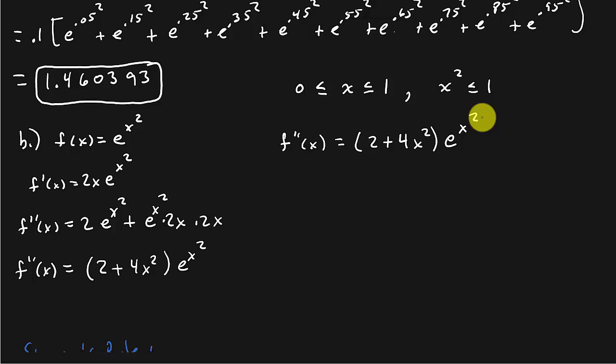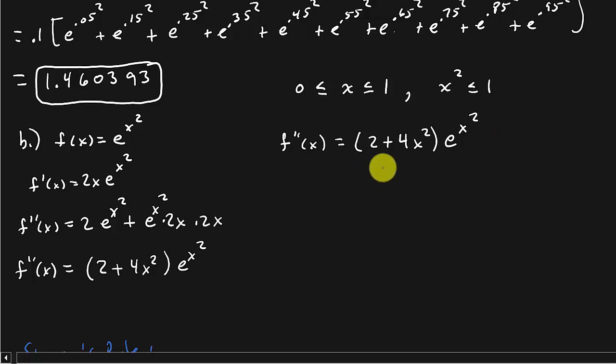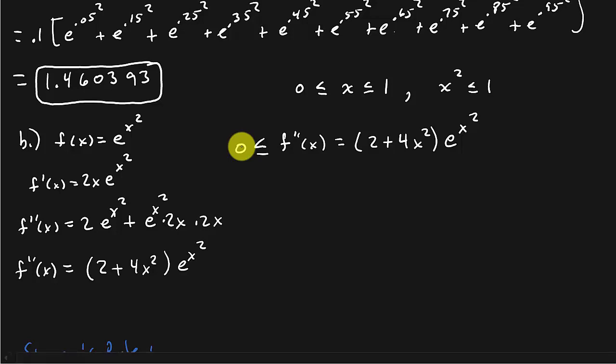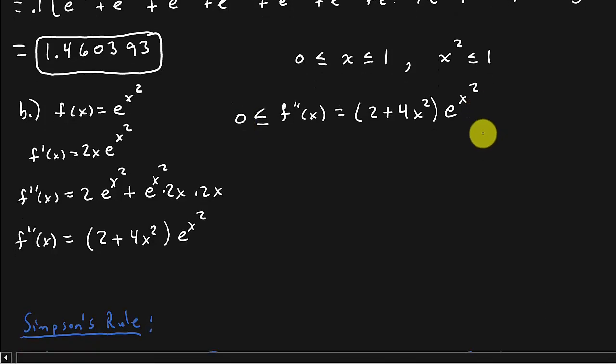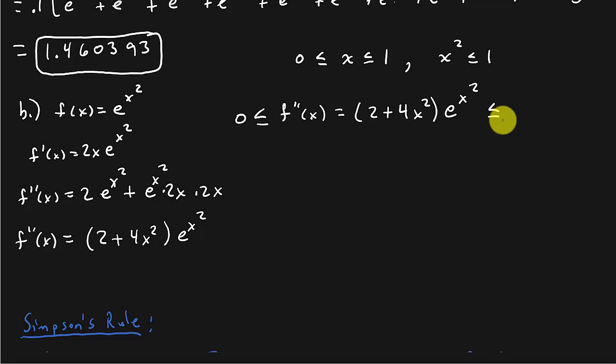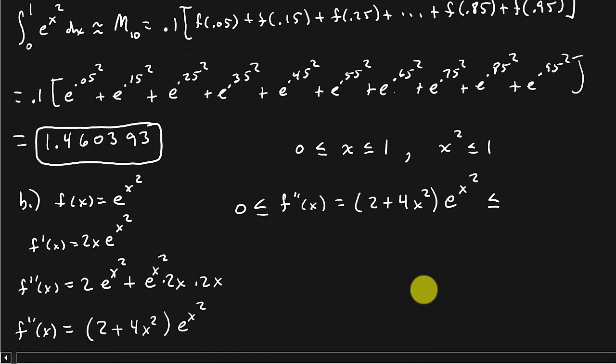And we don't really need to worry about absolute value in this problem. This thing here is always positive, and we also know that this is greater than or equal to 0. All right. So what is this less than or equal to?